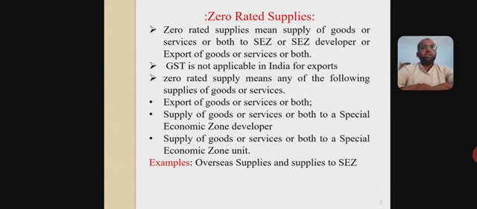You know very well that for the export of goods or services, there is no GST in India. Zero rated supply means any of the following: export of goods or services or both, supply of goods or services or both to SEZ developer, or supply of goods or services or both to a special economic zone unit. The best examples are overseas supplies, that is exports, or supplies to SEZ or SEZ developers.